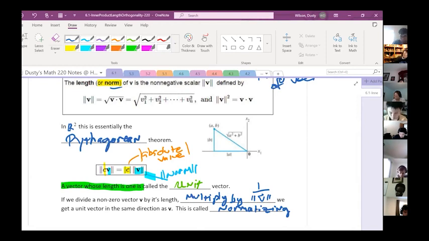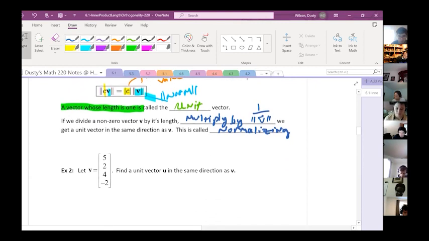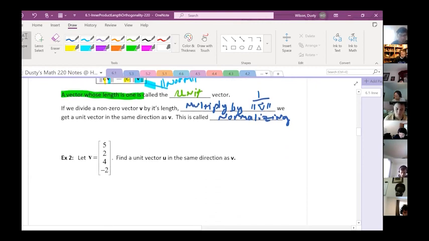So when you normalize a vector, when you shrink it down to length 1, we'll do an example of that below. So here in example 2, I've got v equal to (5, 2, 4, -2). I want to find a unit vector in the same direction as v. That is, I want to normalize v. So to do that, we need the magnitude of v.